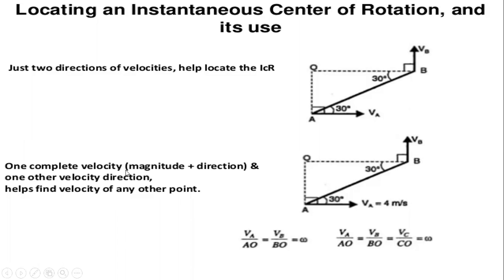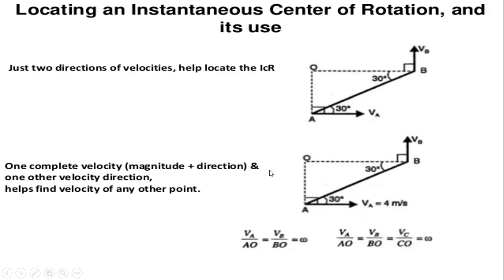So one complete velocity, that is magnitude plus direction, and one other velocity direction helps find the velocity of any other point.